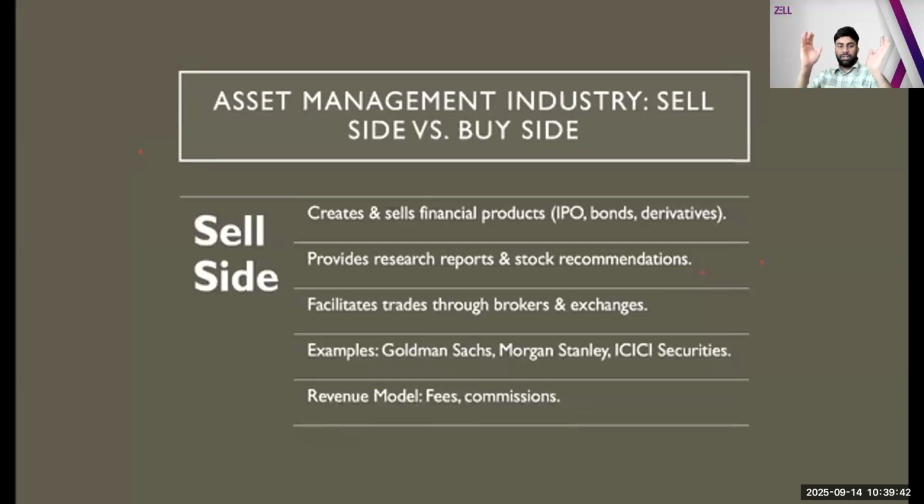The main function of the sell side is the issuing of securities. How do you think issuing of securities happens? They help companies go public by raising capital through an IPO or the bond market, and they provide detailed research analysis.